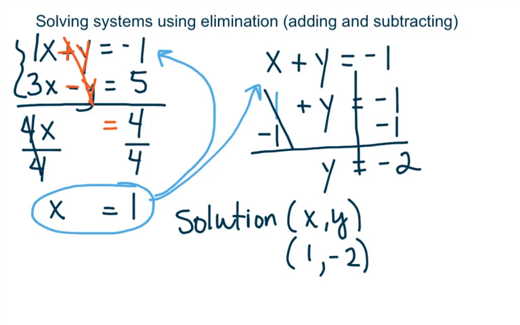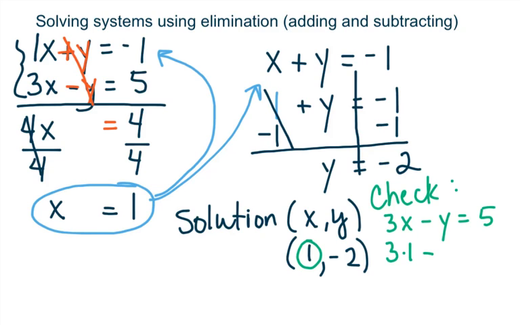Now I know that that value works in the first equation, so let's just make sure it works in the second one. So to check this, I'm going to look at the second equation, 3x minus y equals 5, and I'm going to make sure that those values work. So I have 3 times 1 minus -2. So I'm going to put the -2 in parentheses there. 3 times 1 is 3.